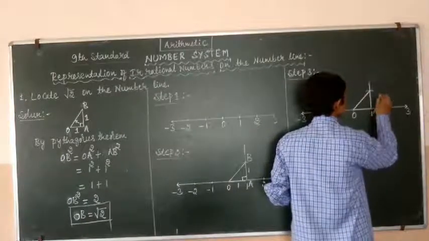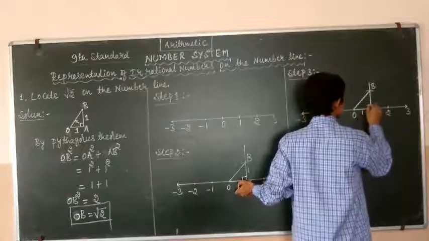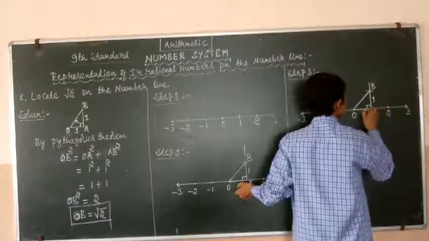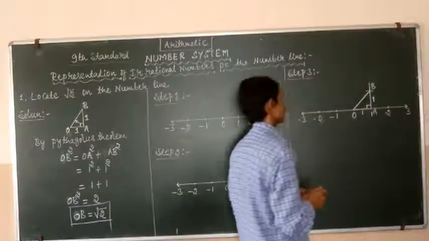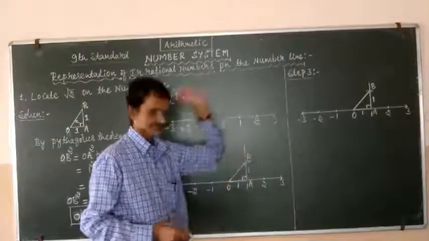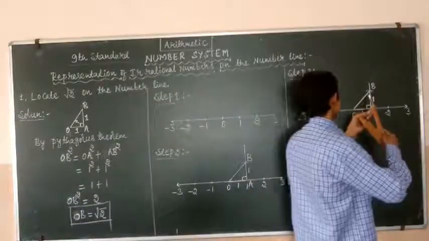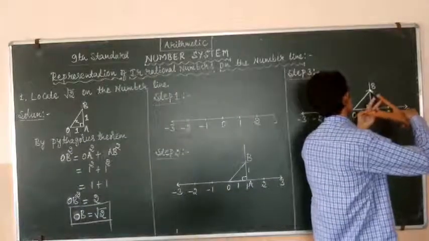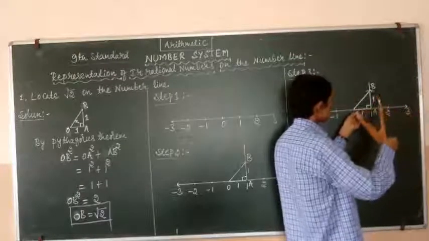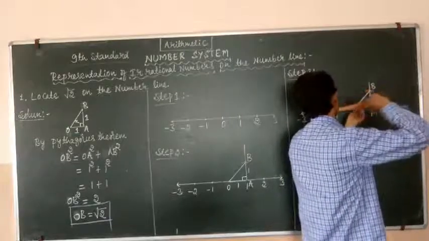This is A, B, this will be 1 unit, this will also be 1 unit, this will also be 1 unit. So the same right angle triangle is constructed there. With OB as the length, or measurement, and O as the center, draw a semicircle.